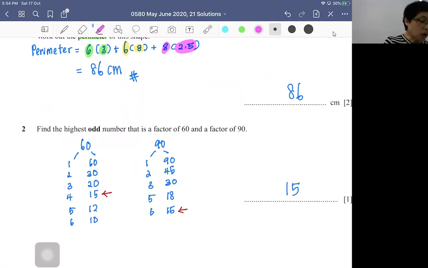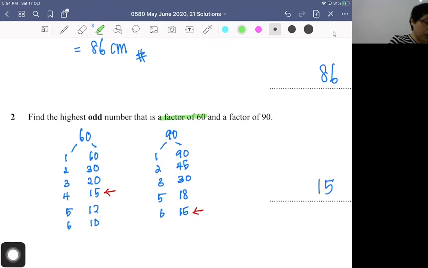Find the highest odd number that is a factor of 60 and a factor of 90. Now we look at the factors of 60. The easiest and safest way to list all the factors is finding the factor pairs: two numbers that multiply up to get the number that we want.